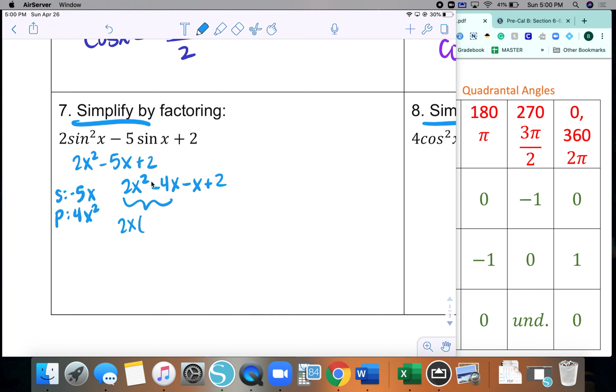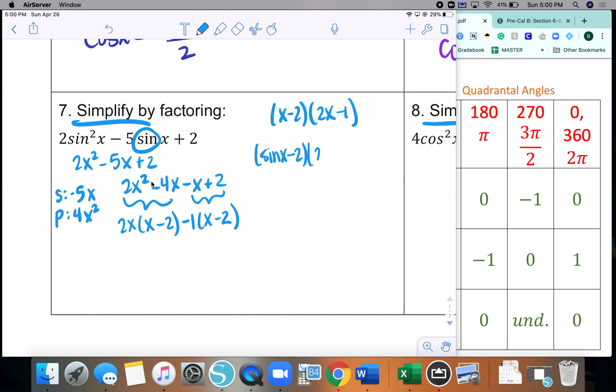These share a 2x. These need to share a negative 1. So my factors are x minus 2 and 2x minus 1. And then I go back and put the trig function wherever I see the letter x.